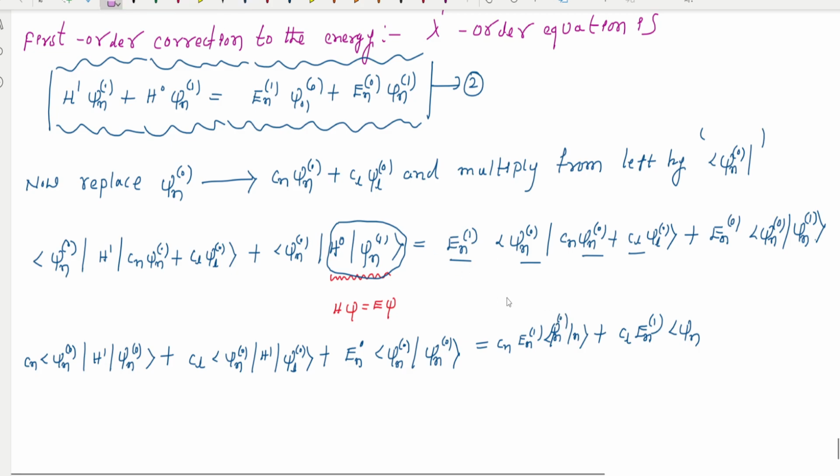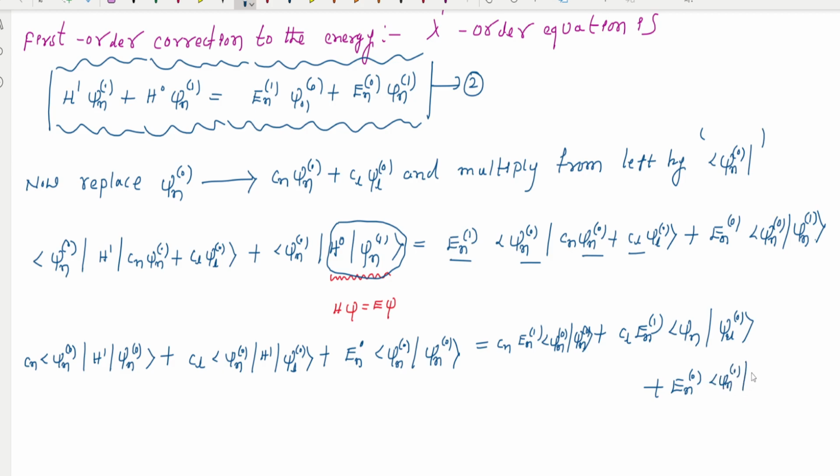Just wait, I'm going to use the same notation. Some people may get confused. Okay, psi n power 0, right? This one psi l power 0. One more term is there, plus n power 0 psi n power 0 and psi n power 0.